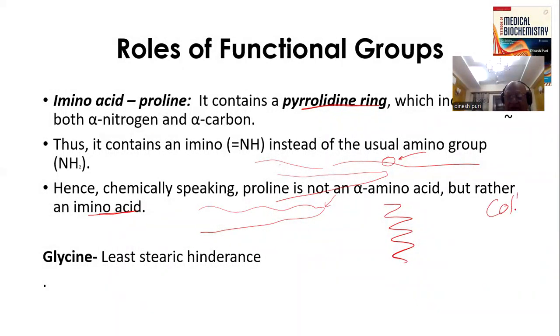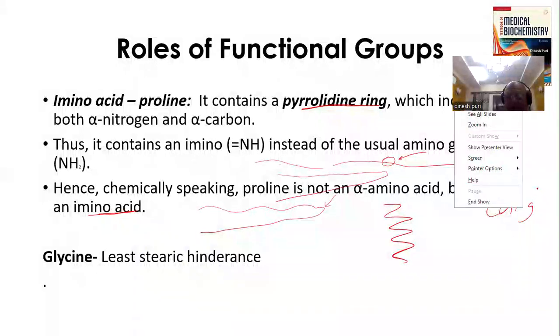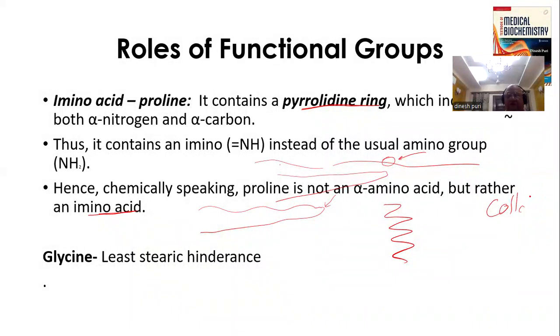One example is collagen. Collagen consists of 3 polypeptide chains which are tightly interwound around one another. And to give the sharp bend, the presence of proline is necessary. Glycine also plays an indirect role in collagen. What does glycine do?